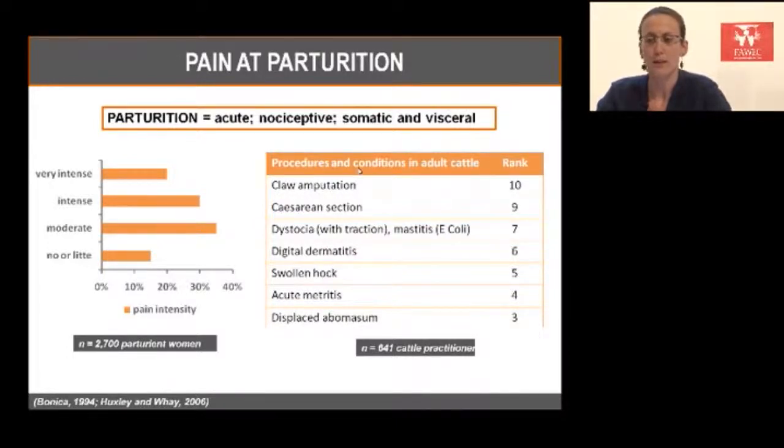These veterinarians ranked dystocia with a value of 7 over a scale of 10. Only other procedures such as claw amputation or cesarean section received a higher value of pain compared to dystocia. So regarding these questionnaires, it's clear that parturition is painful not only in women but also in animals.